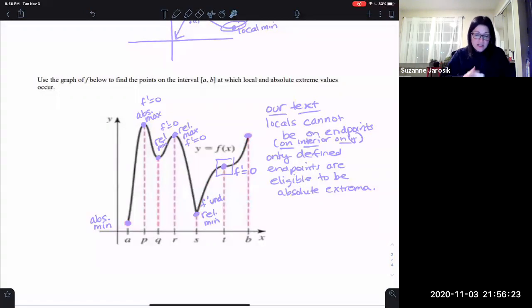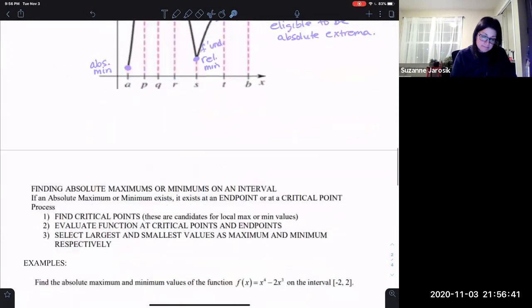It's not changing direction like maxes and mins do. You go from increase to decrease, decrease to increase, increase to decrease. You change direction. Here, you're only increasing.